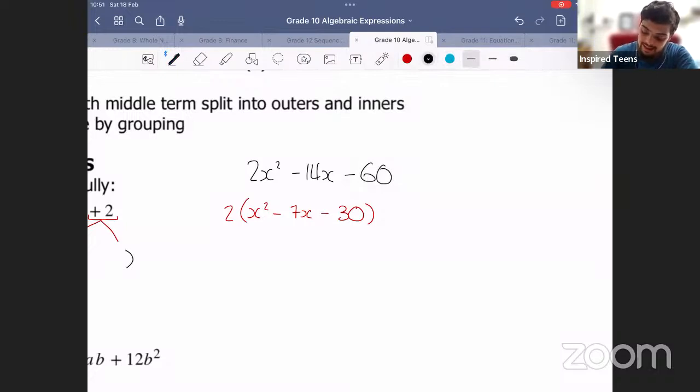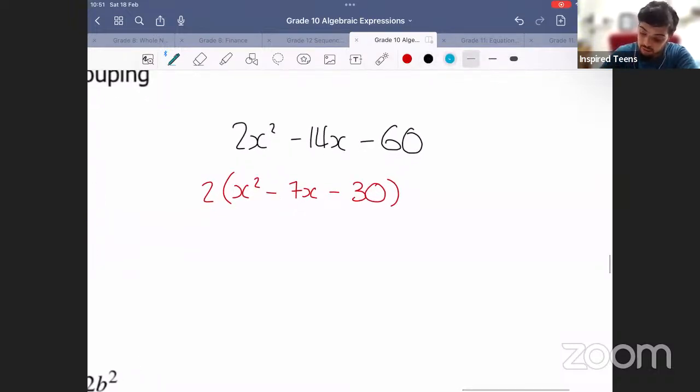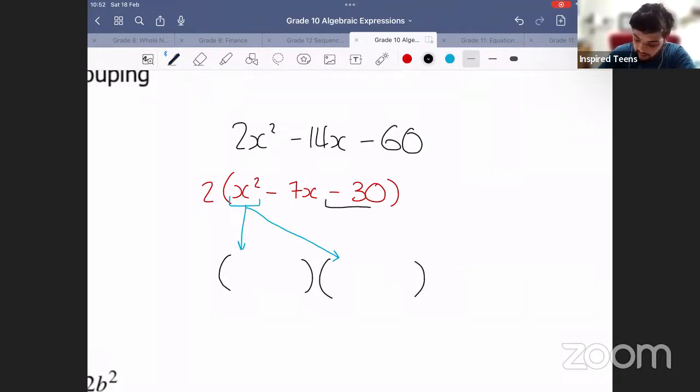Remember, firstly, we open up our brackets. The factors of the first term give us the numbers in the first sections of each bracket, and the factors of the last term give us the terms in the last portion of the bracket.